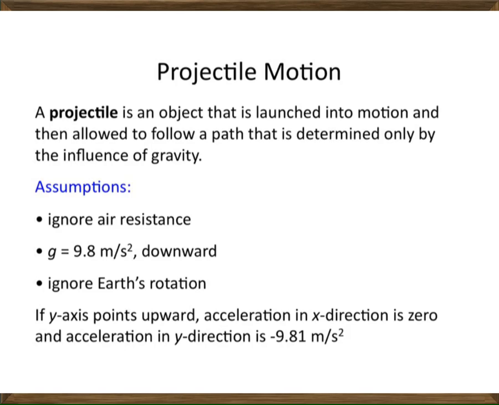There is nothing pulling or pushing you in the horizontal direction. So the type of motion in the horizontal direction on the surface of the Earth is a constant velocity motion. There is no acceleration. Acceleration is zero. But in the vertical direction, we have a constant non-zero acceleration, which we call g.